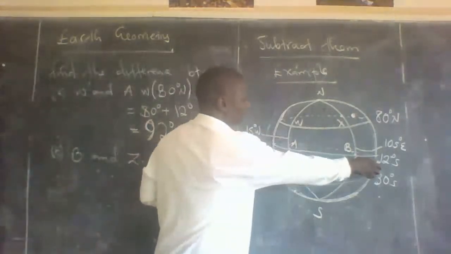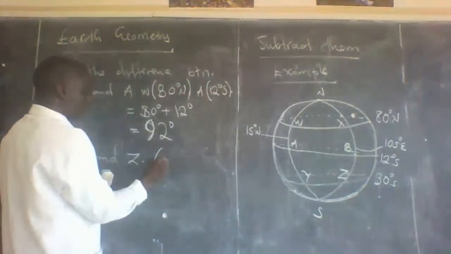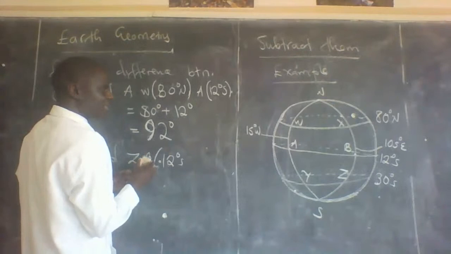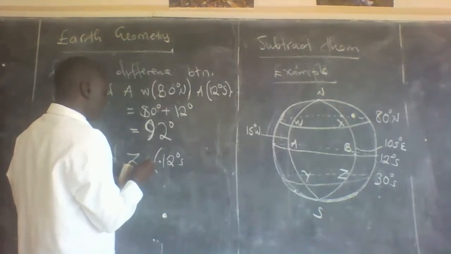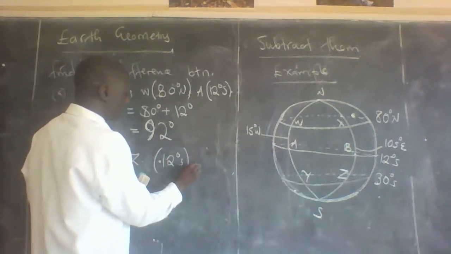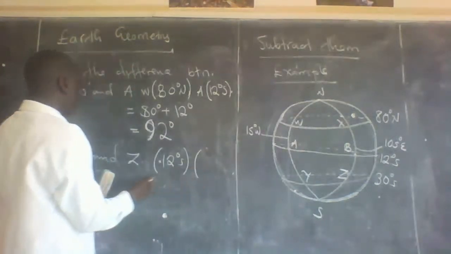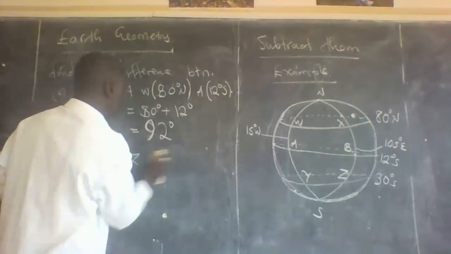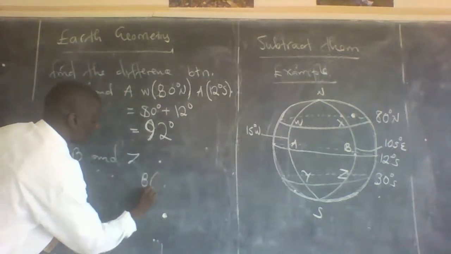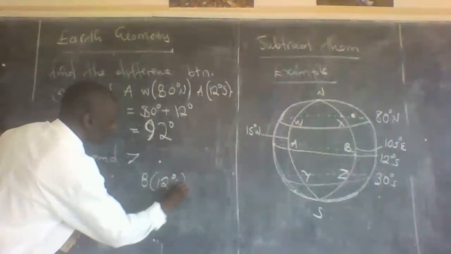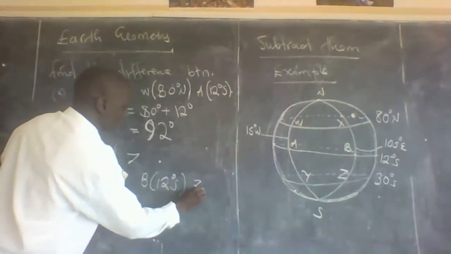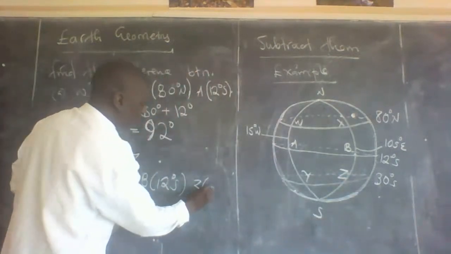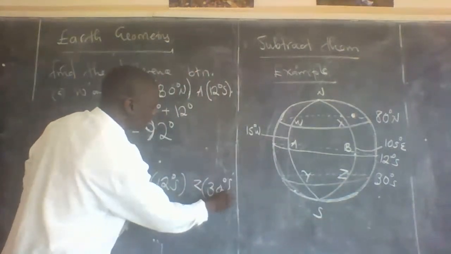B is 12 degrees south, and Z here is 30 degrees south.